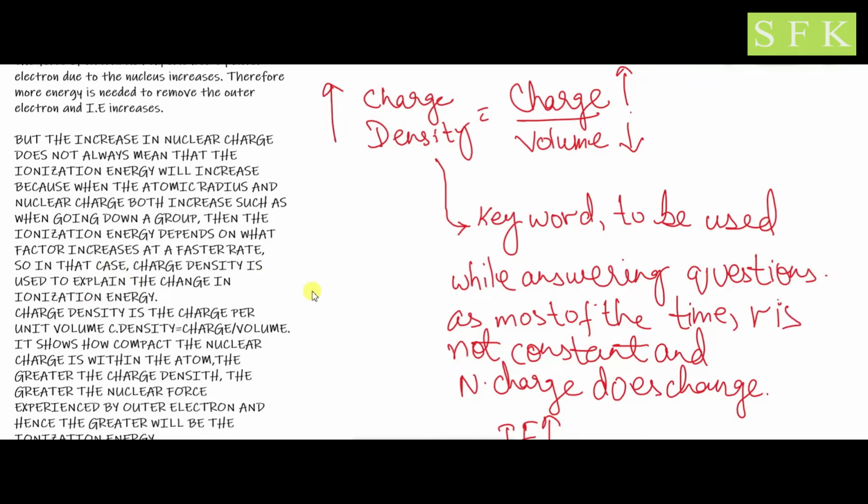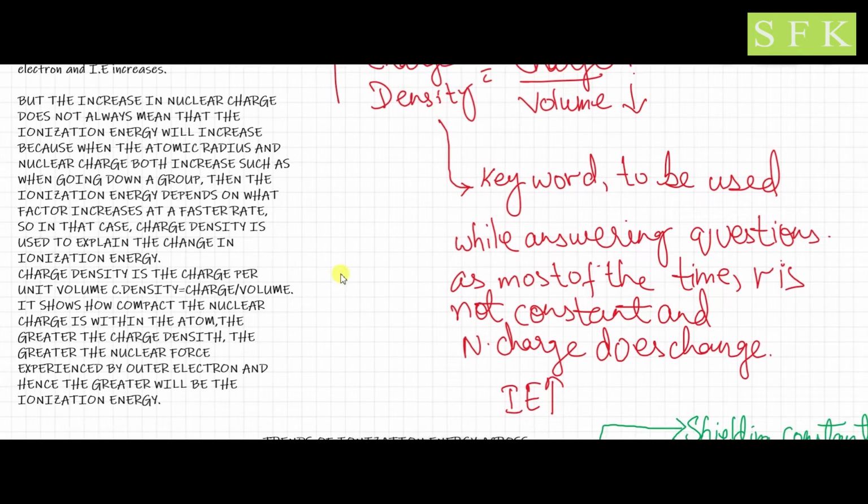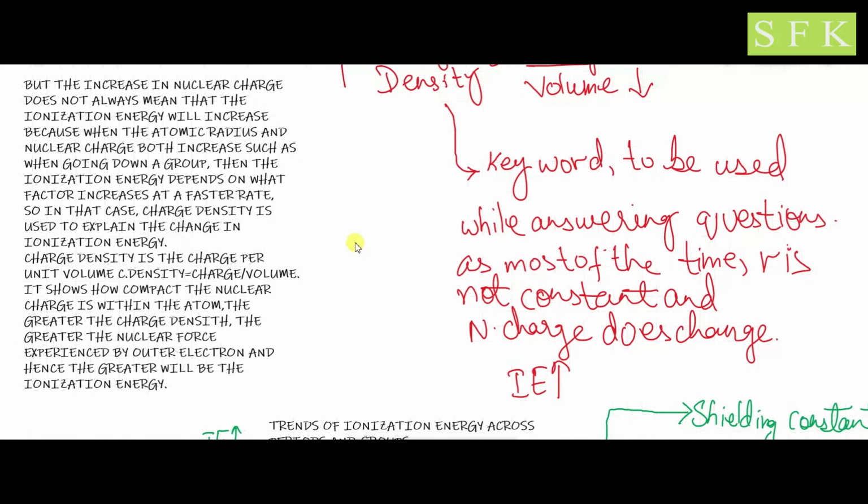Now, down the group, it's the opposite. The charge increases and the radius also increases. So now going down the group, the increase in radius has a greater effect.